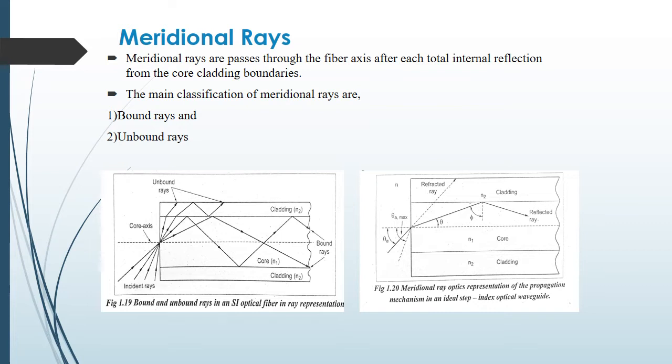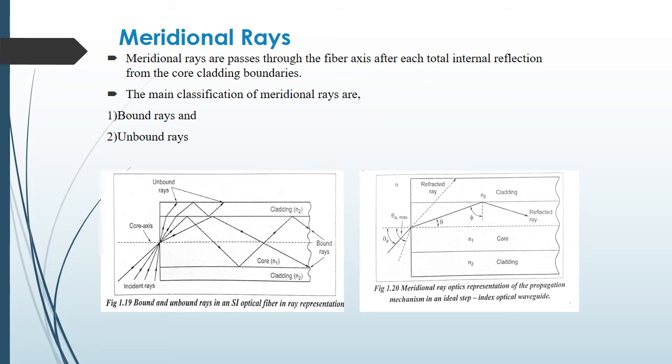The meridional ray for step index fiber is shown in the above figure. The light ray enters the fiber core from the medium of refractive index n at an angle theta A with respect to the fiber axis and strikes the core cladding interface at a normal angle phi.